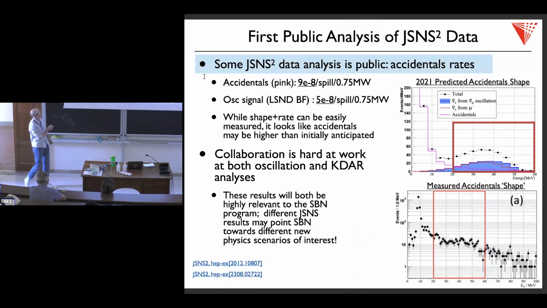What they see is an accidentals rate of 9 times 10 to the negative 8 per spill per 0.75 megawatts, compared to an oscillation signature which is about that size, what you were expecting based on the plot that I showed you on the last slide.